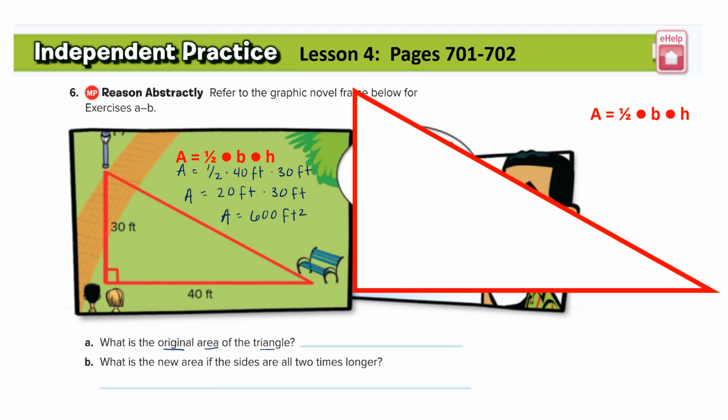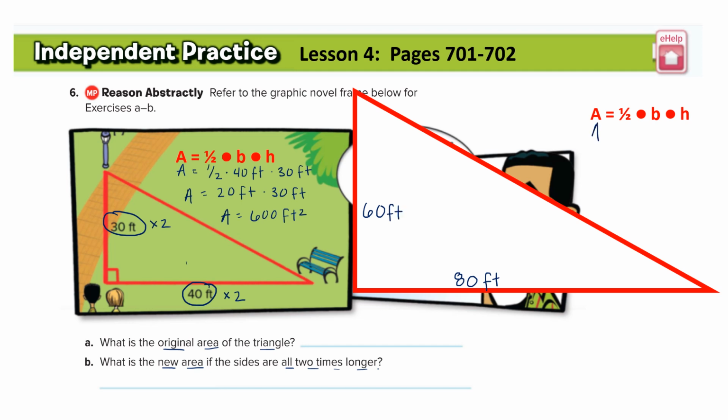All right, and what is the new area if the sides are all 2 times longer? So let's see, where'd my pen go? Sometimes I lose my pen here. Yeah, 40 times 2 is 80. And 30 times 2 is 60.